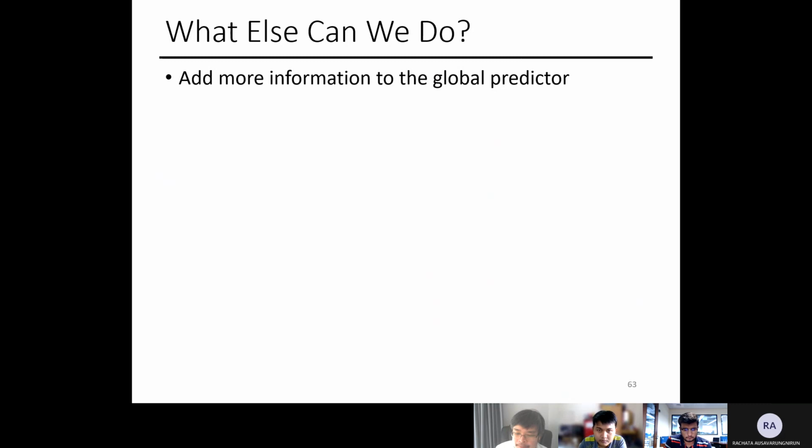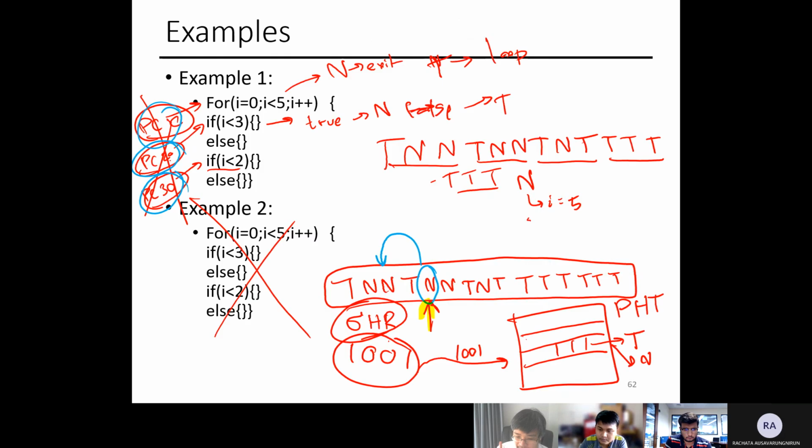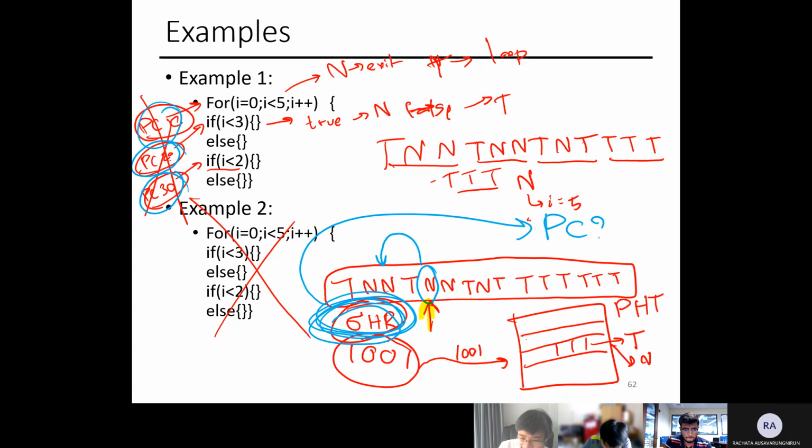You can do something called G-share prediction, because earlier on, if you look at the example here, it only takes into account the GHR, the pattern that you see, right? And you might be asking, where's the program counter in here? It's not here, right?